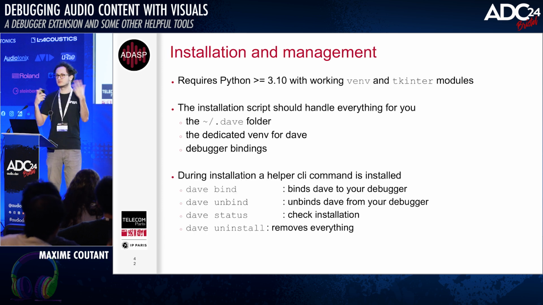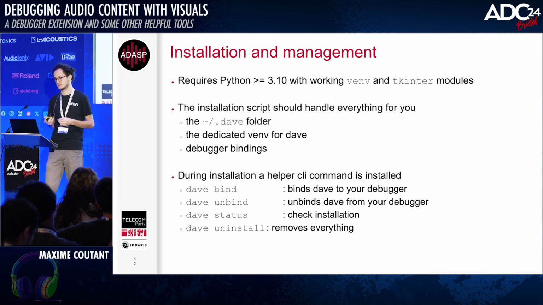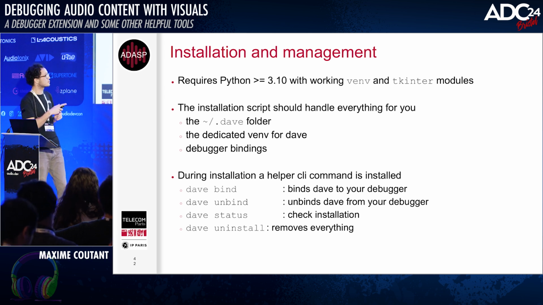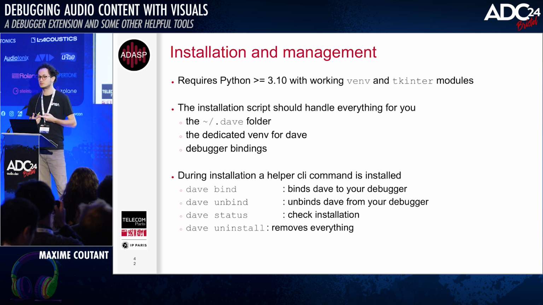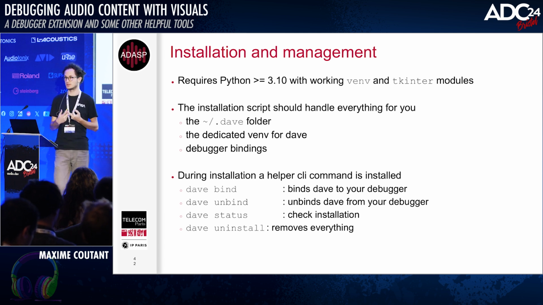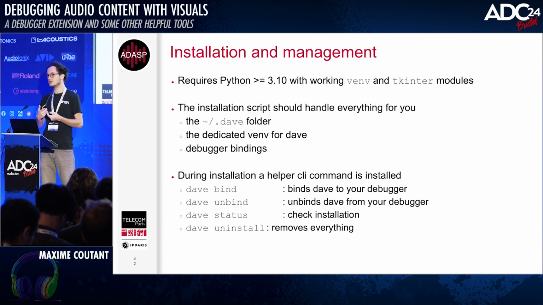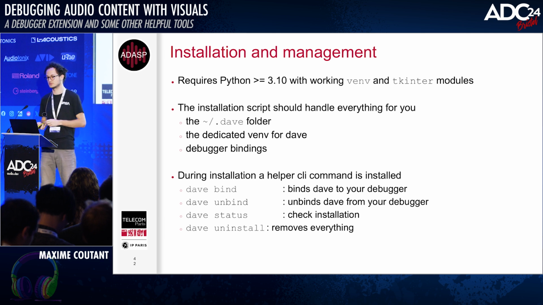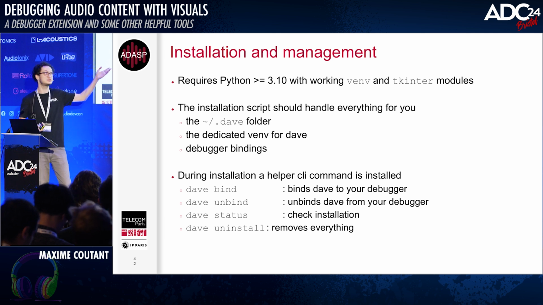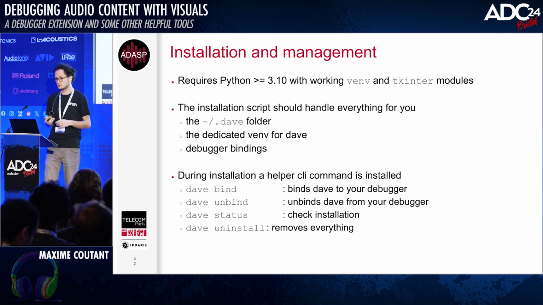As for installation requirements, you will need Python 3.10 with both the venv and tkinter modules working on your computer. For macOS, you can install tkinter quite easily. I provide a few help comments in the installation script. I provide an installation script, so it's a bash script that you can run.